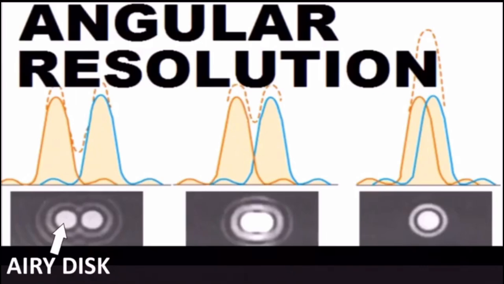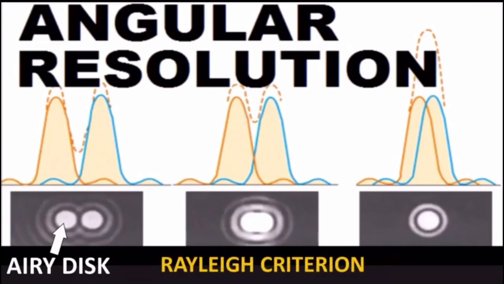They are both resolved. Now, when they get closer together, this meets the Rayleigh Criterion, or the diffraction limit. And so the Rayleigh Criterion specifies the minimum separation between 2 light sources that may be resolved into each distinct object. And when the light sources get even closer on the right-hand side, they become unresolvable.